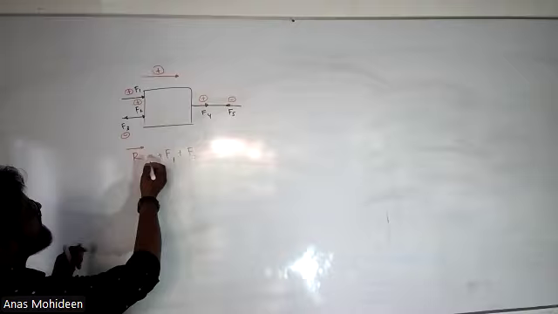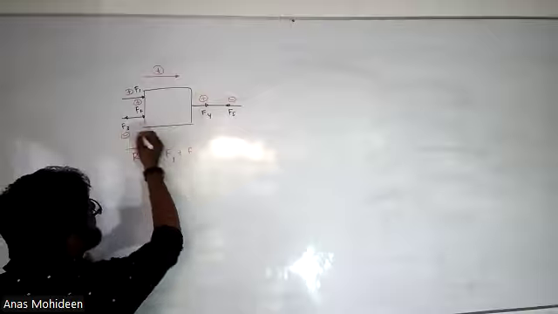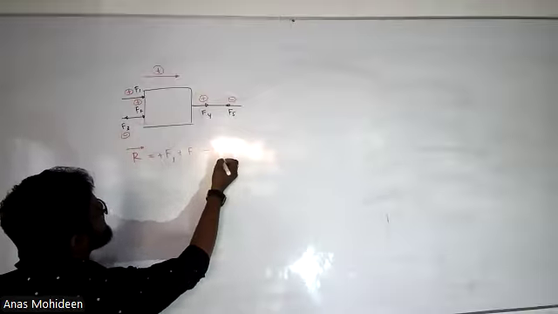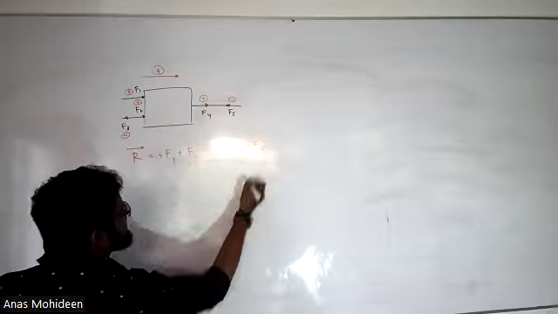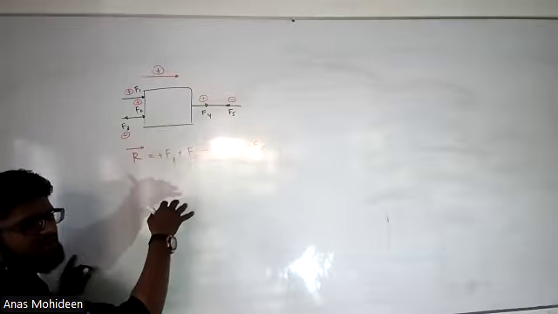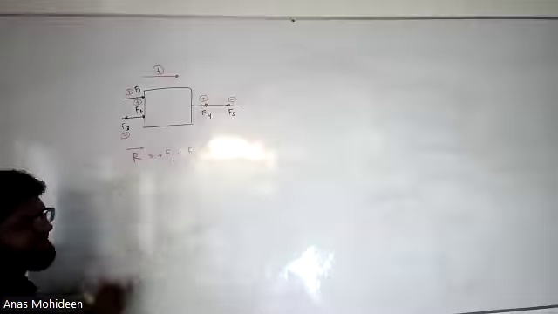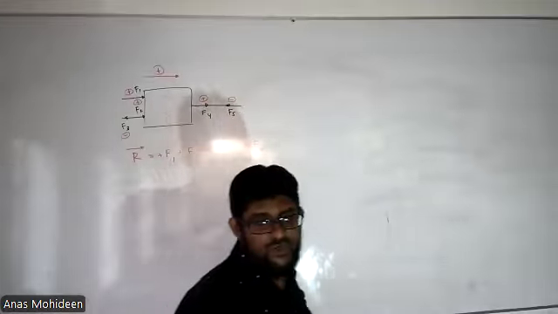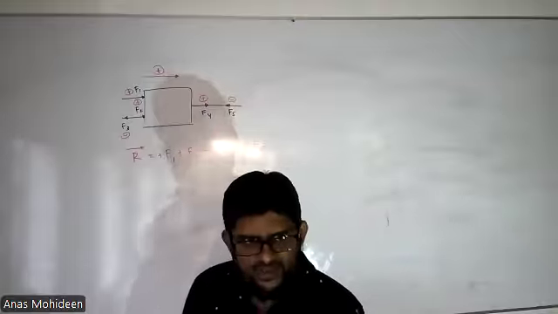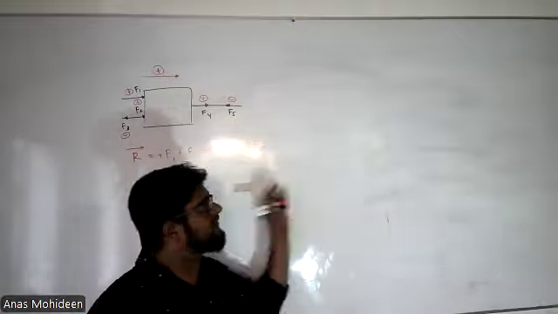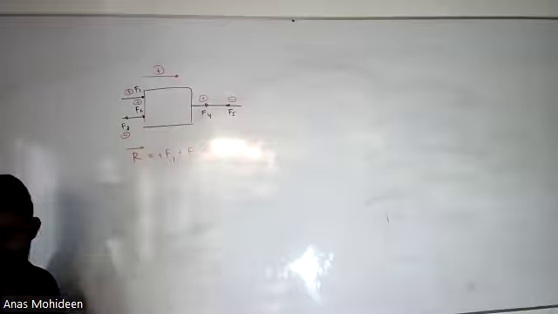So F1 plus F2, F3 has to be minus, F4 should be plus, F5 should be minus. The summation of all is what we take as the resultant. So you see, not only the magnitude we take, we consider the direction as well. Magnitude plus direction, both together we find the resultant force. Got the point? Okay.